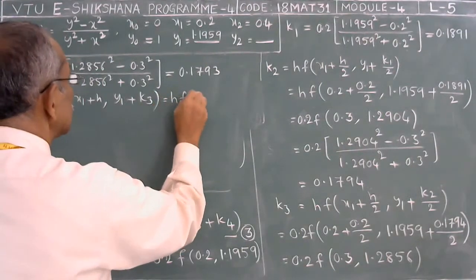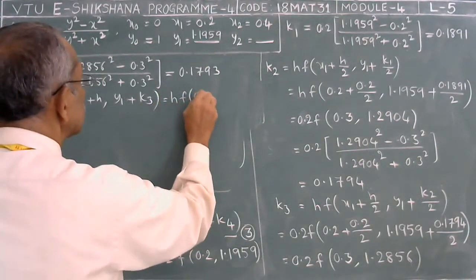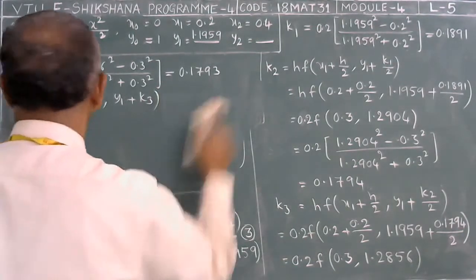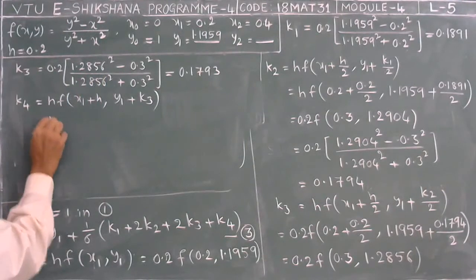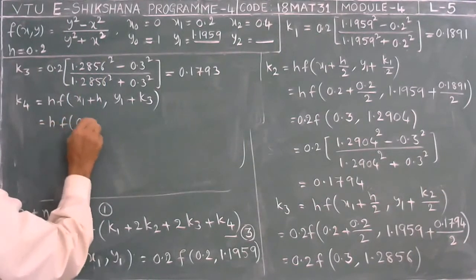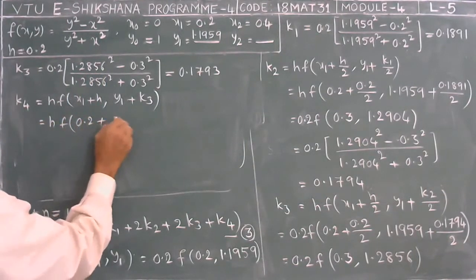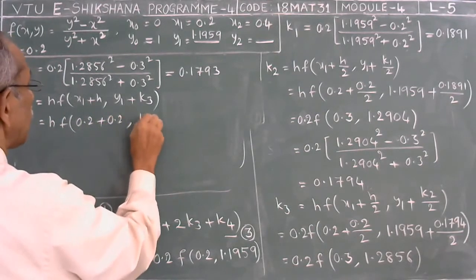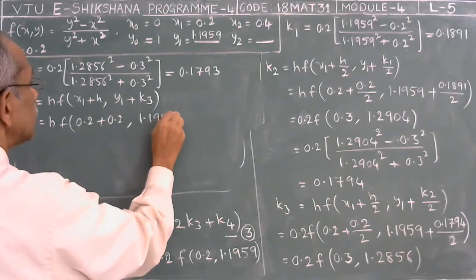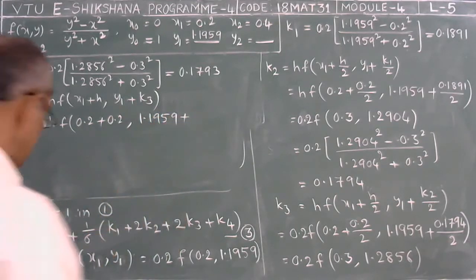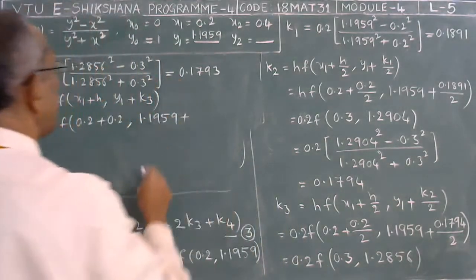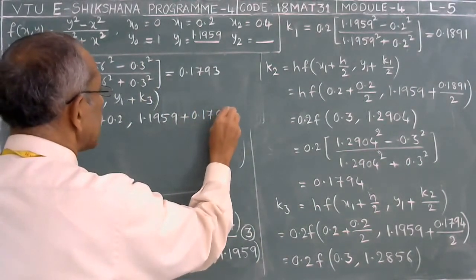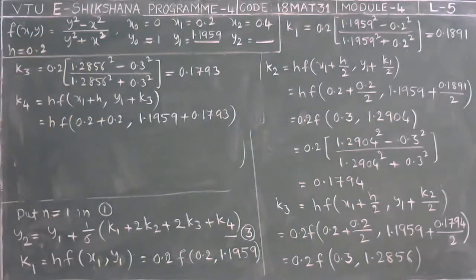So h into f of x1 is 0.2, plus h is also 0.2, comma y1, 1.1959 plus k3 is 0.1793. Okay.